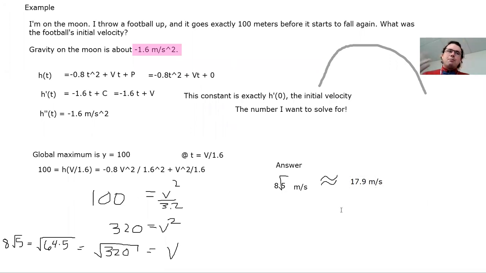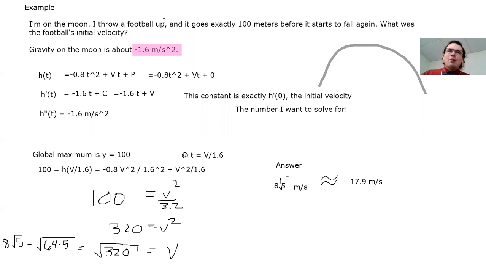So, just to recap, knowing my model, knowing acceleration on the moon, knowing how far up my football goes before it starts to fall again, these things together allow me to determine what the initial velocity was.